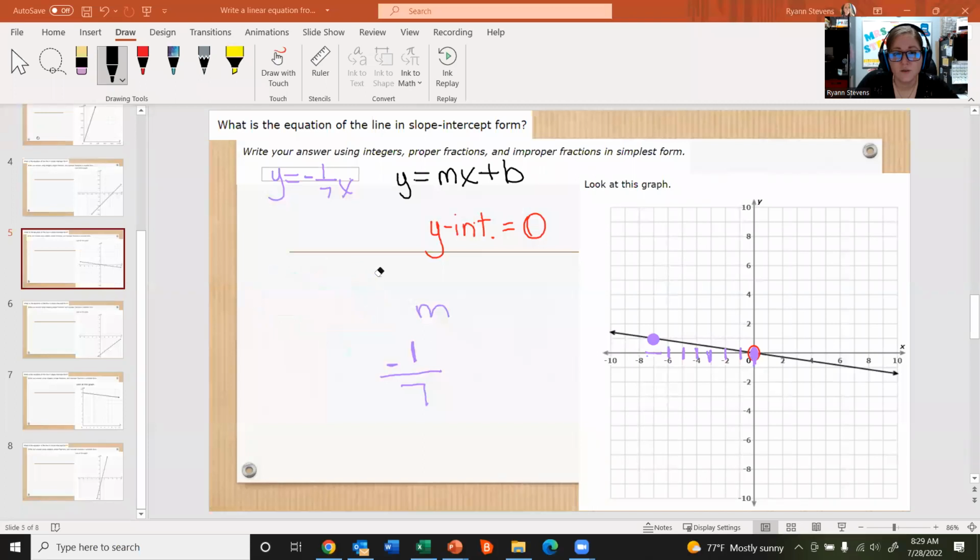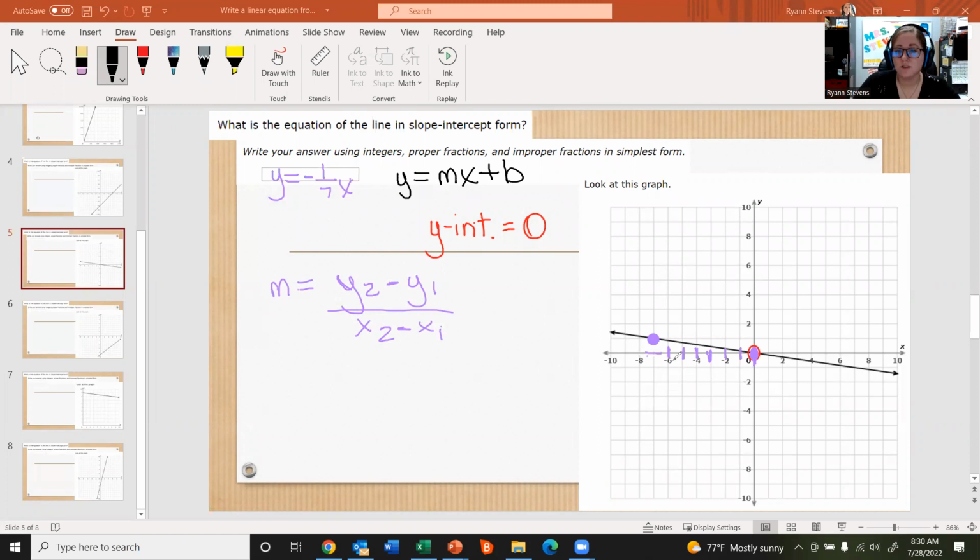I want to show you the other way to do it as well, using the slope formula. Remember, the slope formula says m is equal to y sub 2 minus y sub 1 over x sub 2 minus x sub 1.